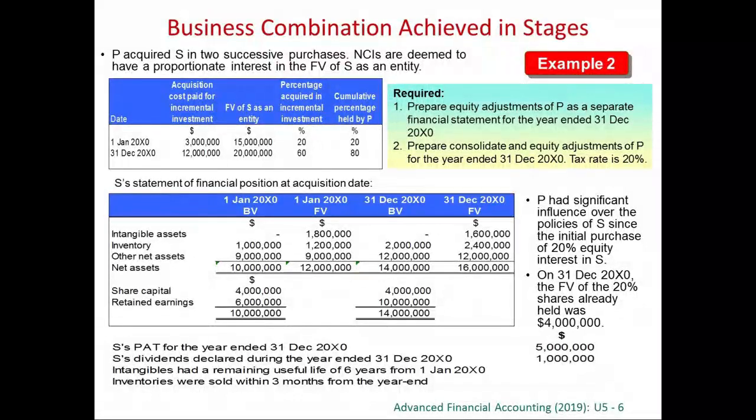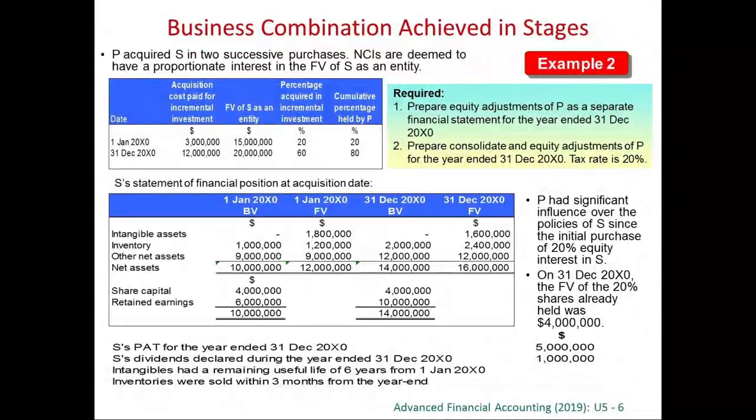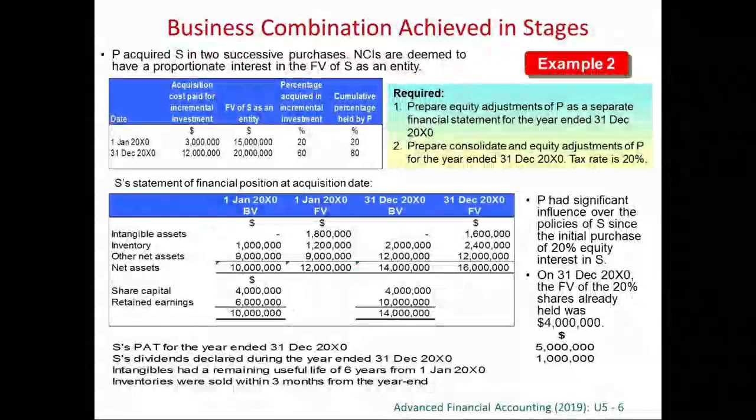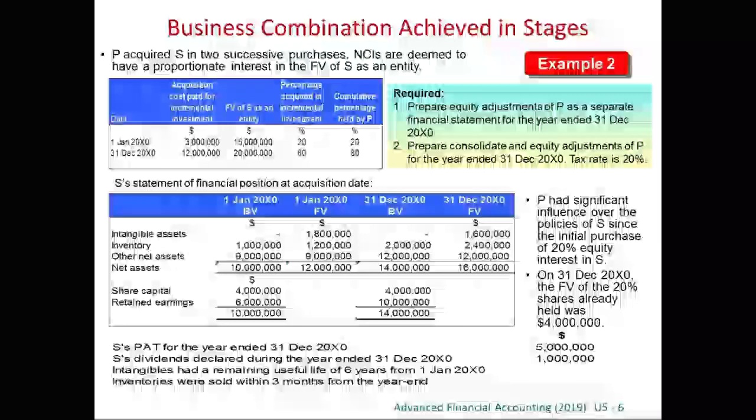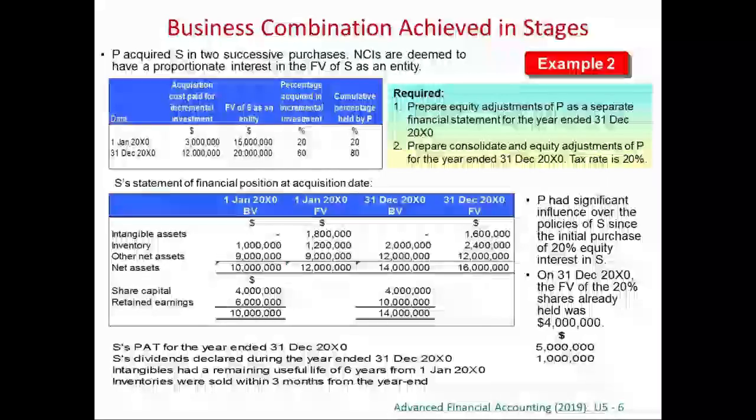But we do know that on 1st of January, there has been some fair value adjustments because the financial statements show that for intangible assets, the fair value is $1.8 million, while there's no book value in the financial statement of the subsidiary.